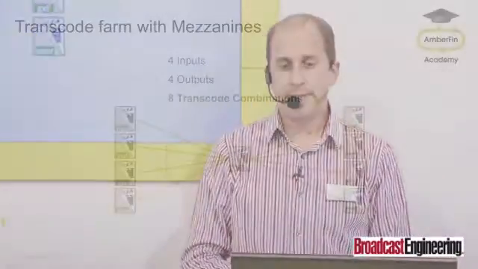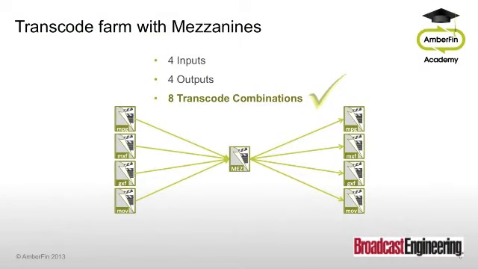So, in this case, the introduction of a mezzanine format in the middle, you can see reduce the number of individual transcode combinations and therefore the associated test matrix required. So this simplified the process and made it testable and made it far more efficient.